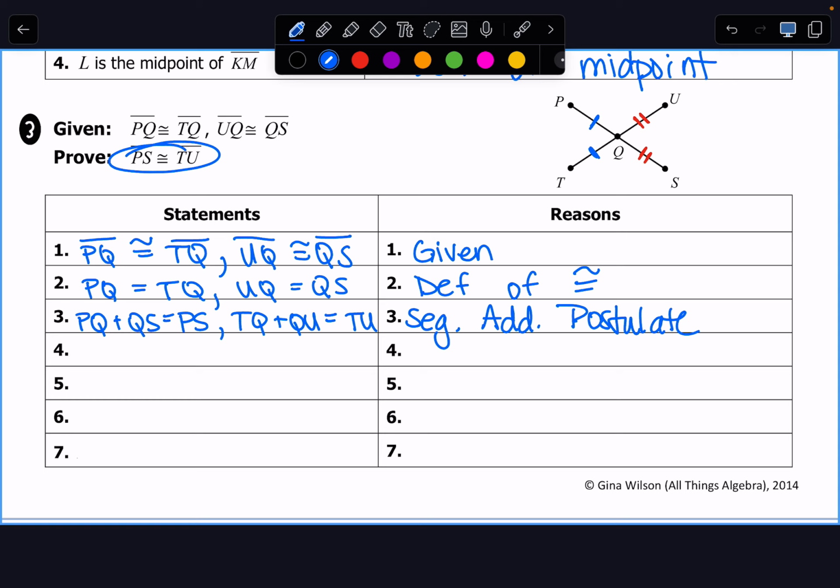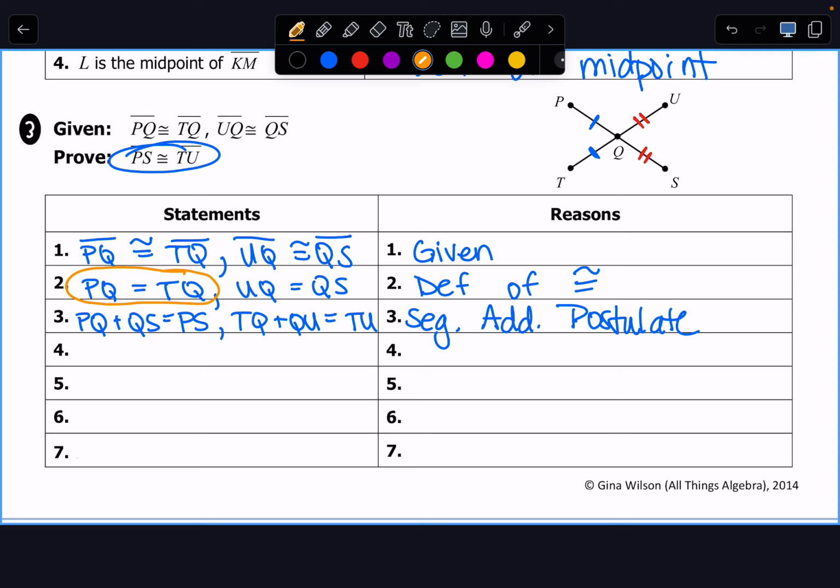Well, yeah, basically that, because PS had PQ and TQ, but both are congruent, so they have the same distance.